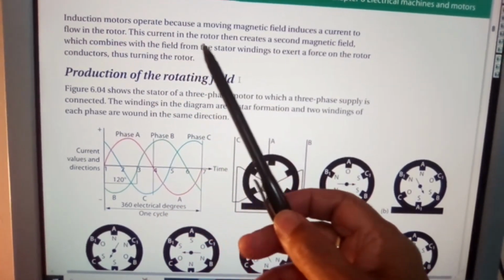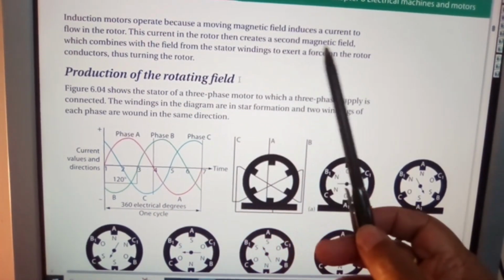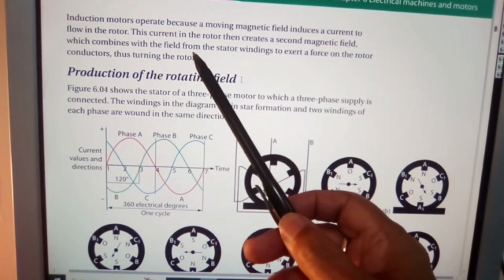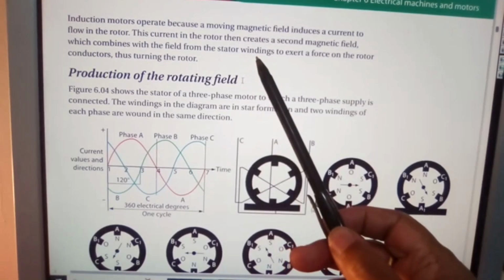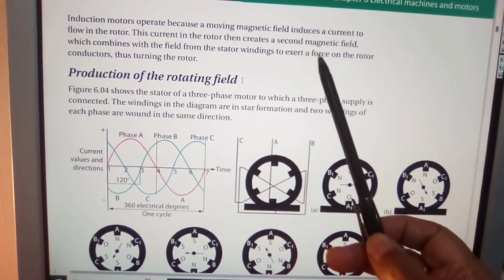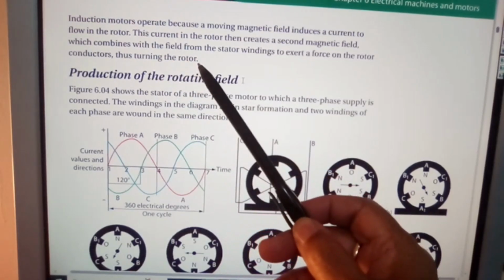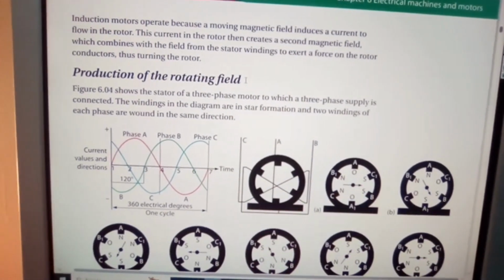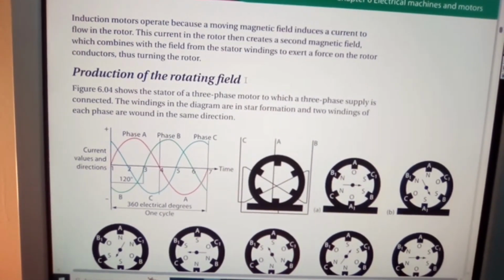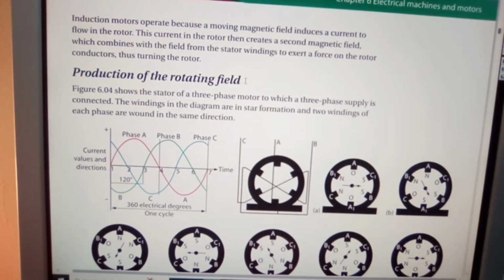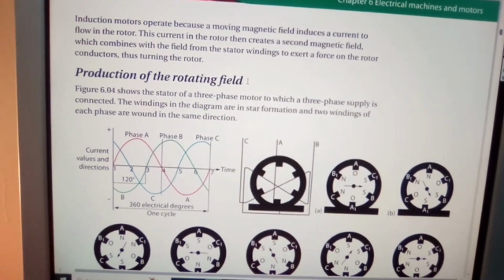This current in the rotor then creates a second magnetic field, which combines with the field from the stator windings to exert a force on the rotor conductors, thus turning the rotor. You can say the north is opposing the south, so that causes a rotation within the motor itself, causing it to rotate, and it rotates at quite some speed.